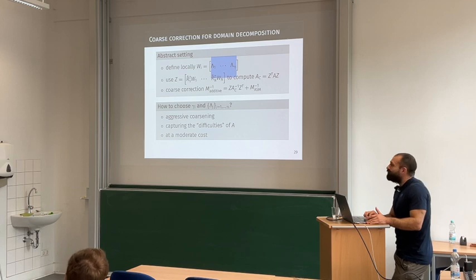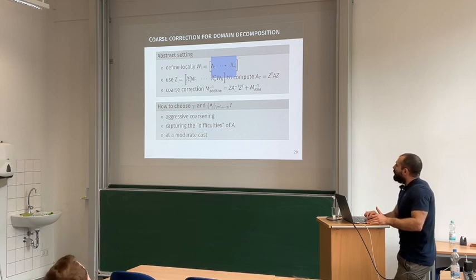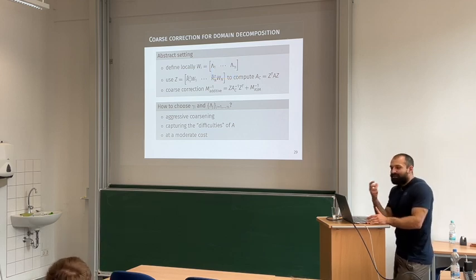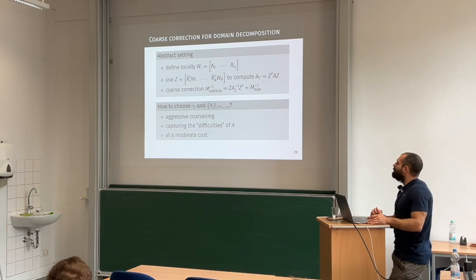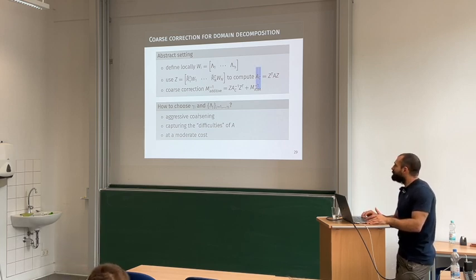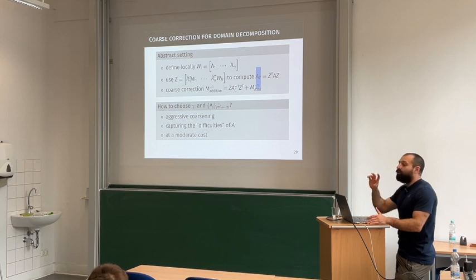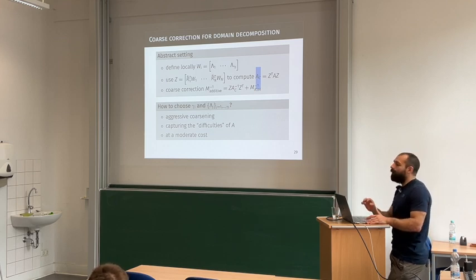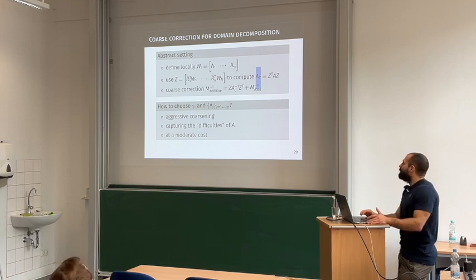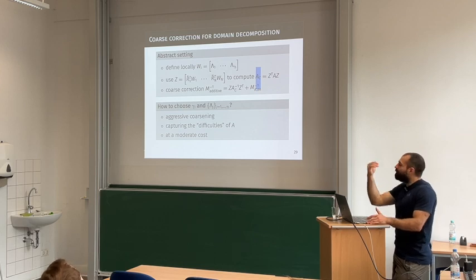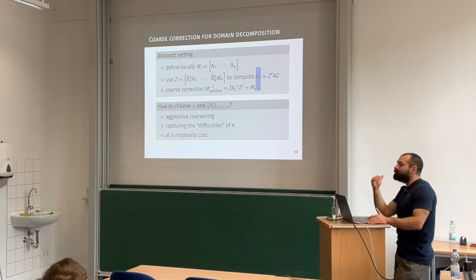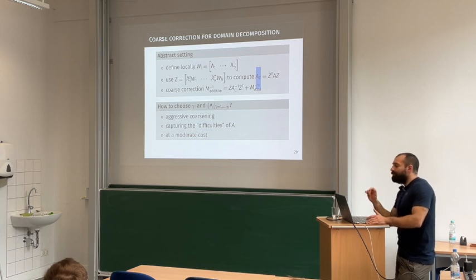When it comes to domain decomposition methods, we want to be able to have a very aggressive coarsening. So in multigrid methods, the coarsening between levels is somehow moderate. You can expect dividing the number of unknowns between grids by a factor of 2 up to 10.